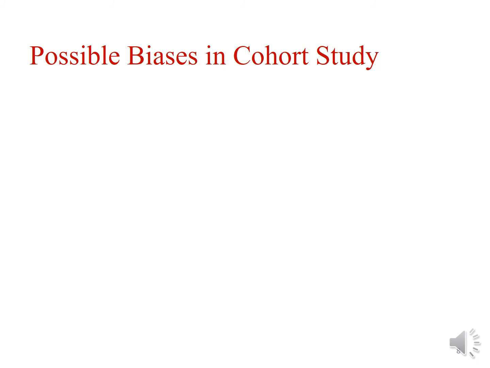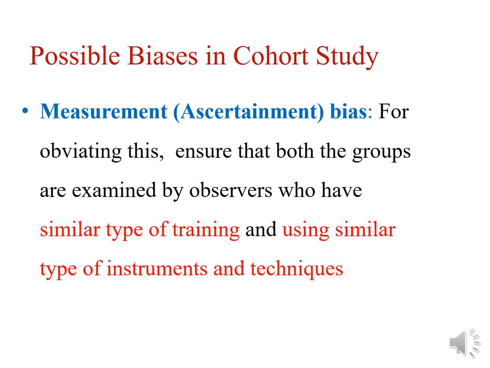First bias that can occur in cohort study is measurement, or we can say ascertainment bias. Ascertainment means to ascertain the facts, to make certain or to make clear. Ascertainment or measurement bias arises during collection of data or during measurement of exposure or during examination of subjects.